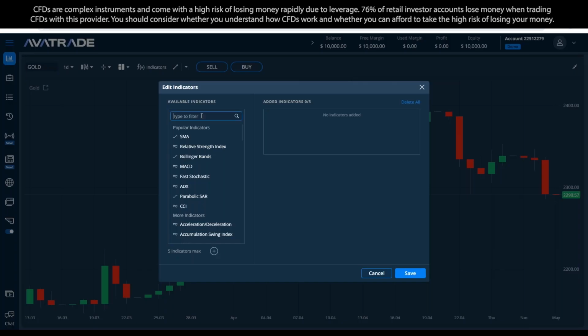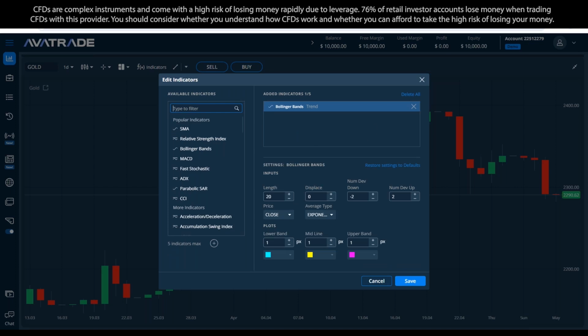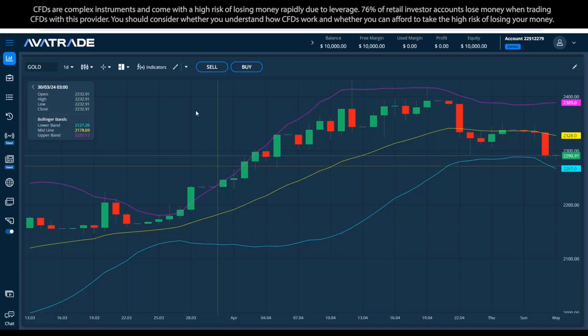In here, I can add an indicator, Bollinger Bands, RSI as an example, stochastics maybe. You see, you click and you drag. We don't really need it now, but I'm just saving it to show you. And once I have it here, I can modify that, then click save, and it's on the chart.